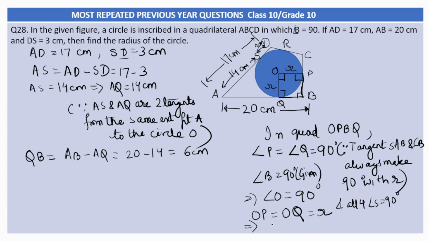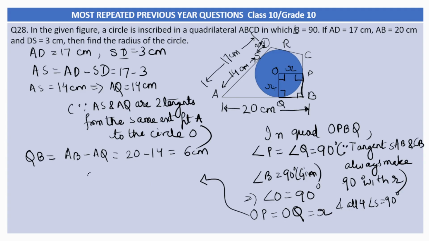I'll write it here, otherwise suppose it's not visible, then whatever I've told till now will go to waste. So I'll put an arrow over here and write, if OP and OQ are of radius R, and we know BQ and BP will be equal, any value, right now we are not considering the value, it will be the same for both because they are tangents from the same external point B to the circle, and all four angles are 90 degree.